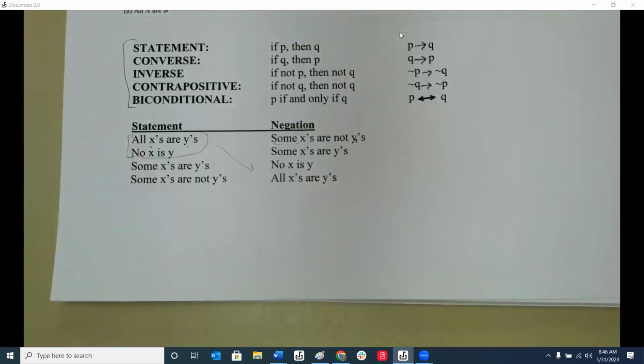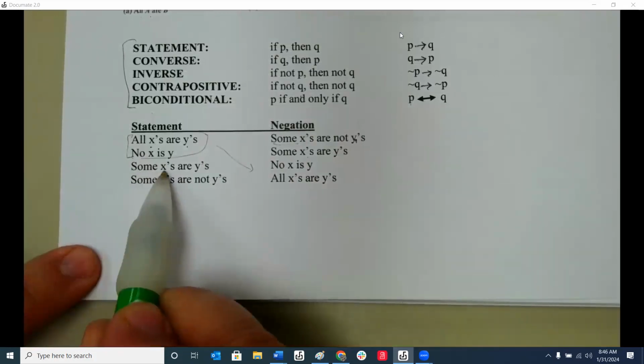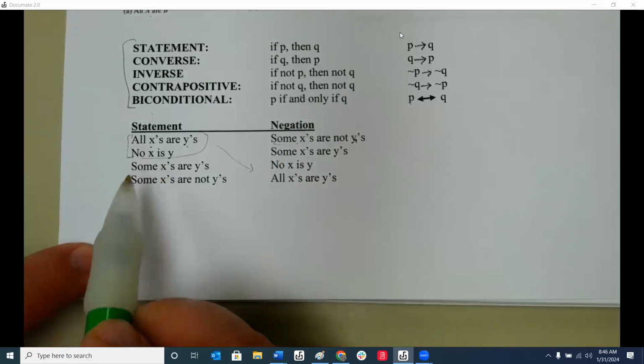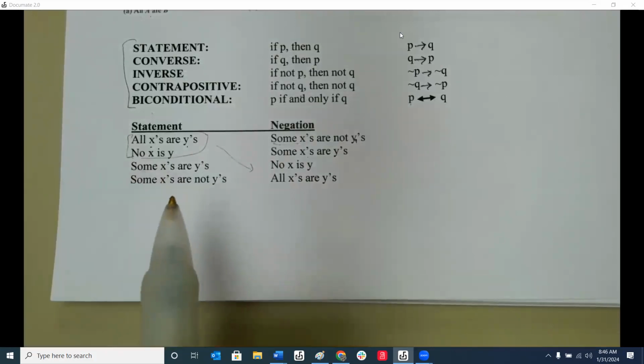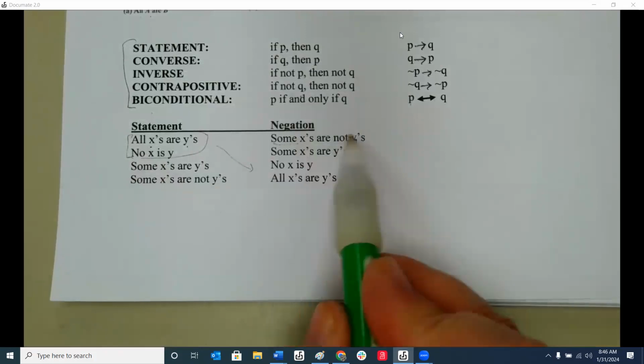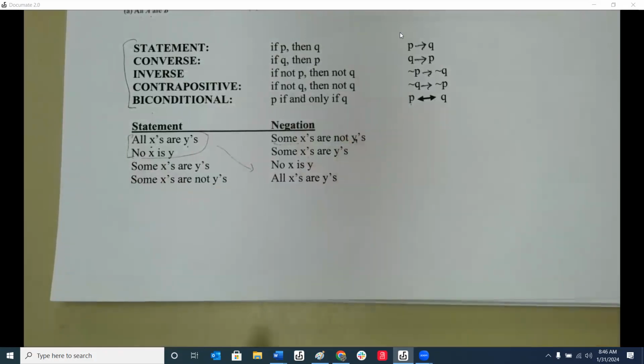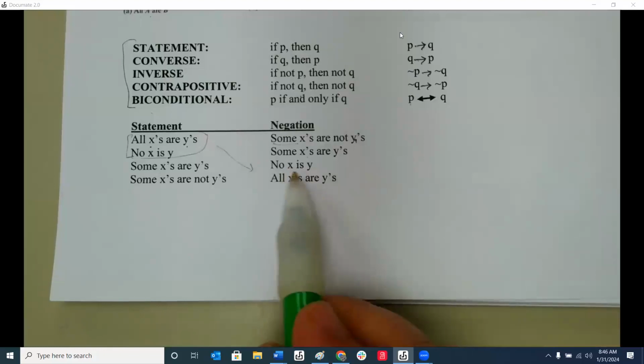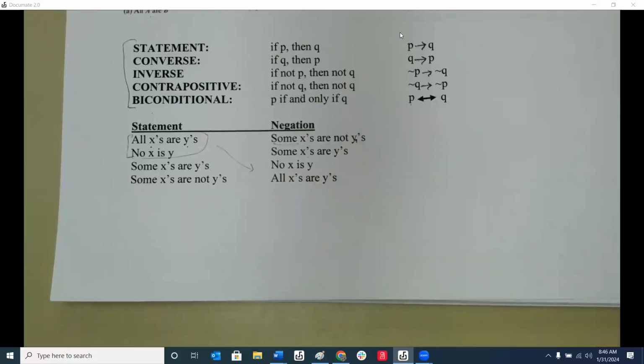But in order to negate something, you have to prove just one piece is opposite. So this was saying some. What does some mean? It could be one. You can't use some x's are not, because if you only had one, that's it. So it has to say no x's are. None of them, period. So that takes care of the one possibility.